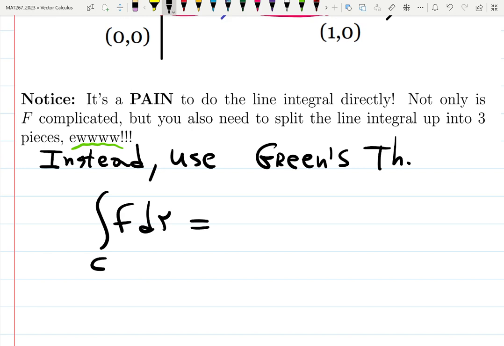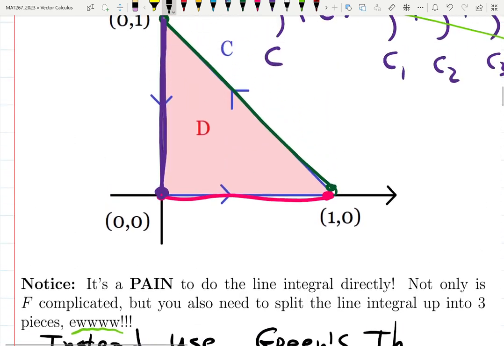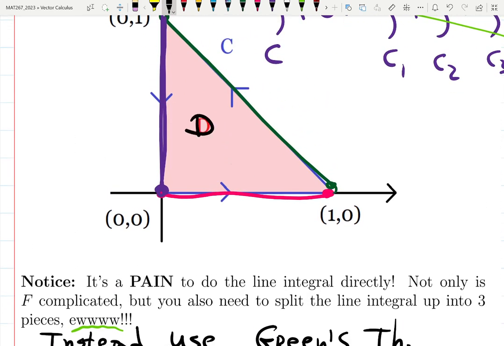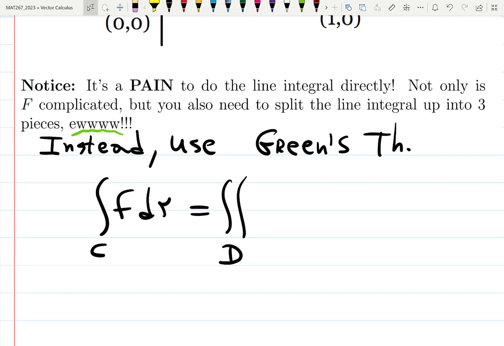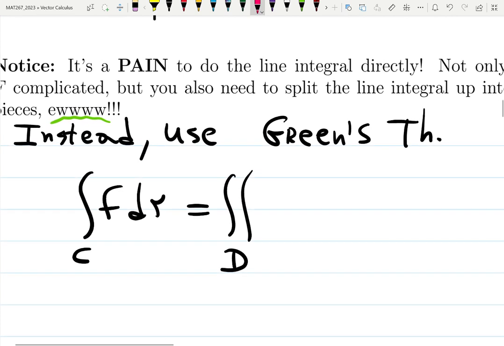We're going to go into D. So we're going to figure out the D now. That's whatever is inside the C, because we have the region D inside of the triangle. And then, check it out. You just have to memorize it, but it's actually not too bad.